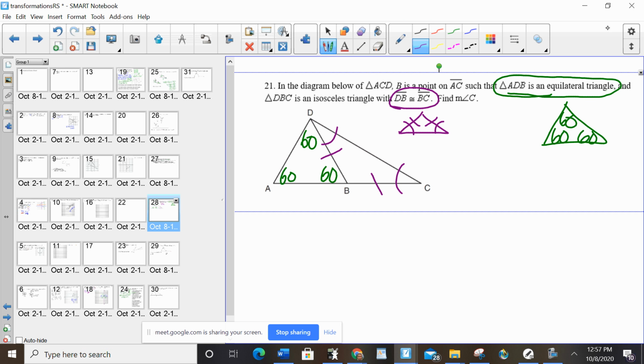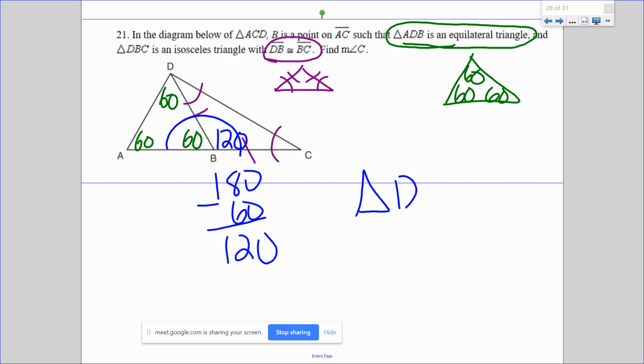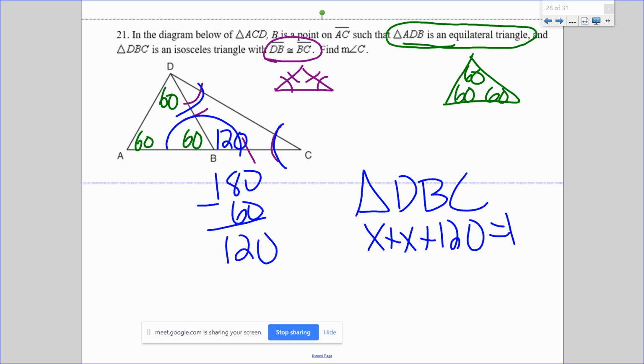Now, look for linear pairs, look for angles of a triangle. I see a linear pair at B. Whenever I have a linear pair, I subtract from 180 to find the other angle. So that's got to be 120. Look for angles of a triangle. I see triangle DBC. Since these have to be the same, x plus x plus 120 equals 180.